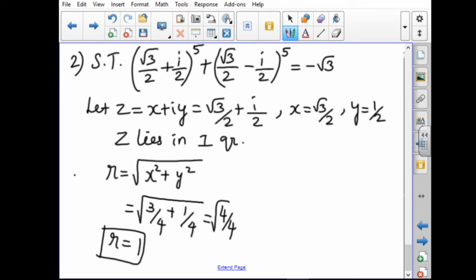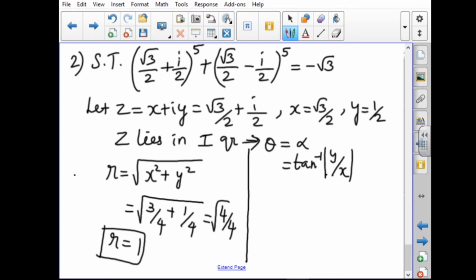And then we need to find theta. Since z lies in the first quadrant, theta is equal to alpha. So what is alpha? Tan inverse of modulus of y by x; since it is in the first quadrant, we can take it as positive. So tan inverse of y, which is 1 by 2, over x, which is root 3 by 2.